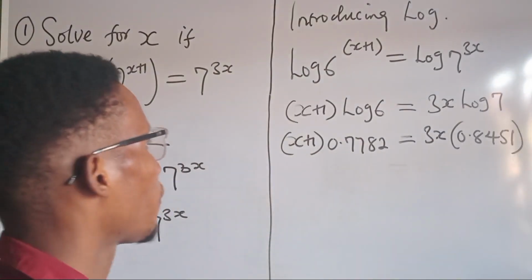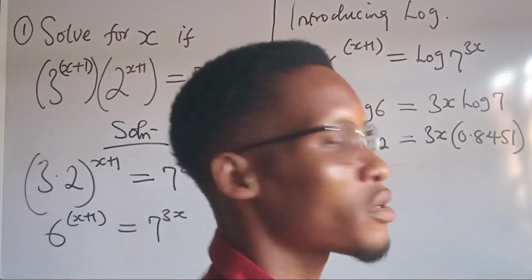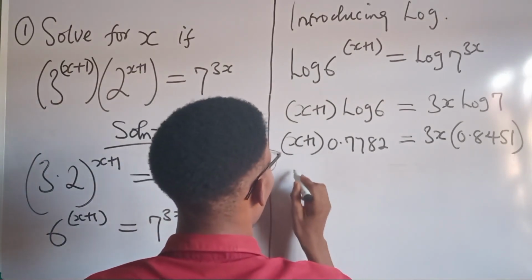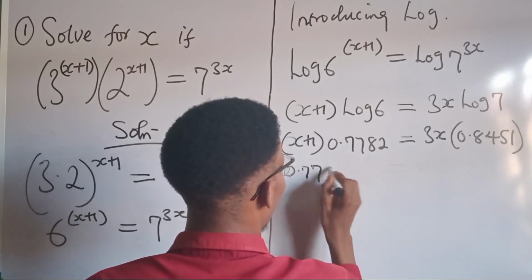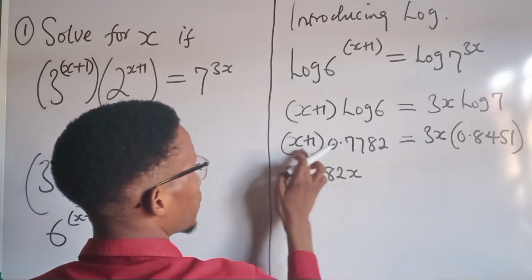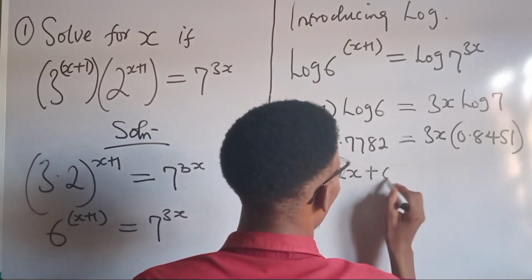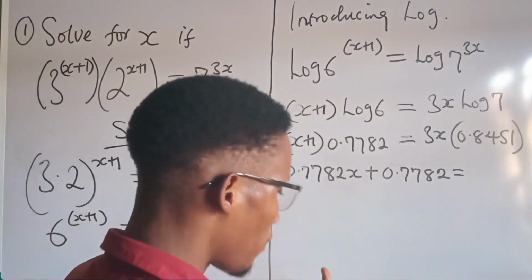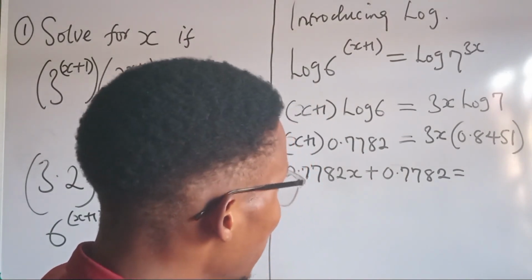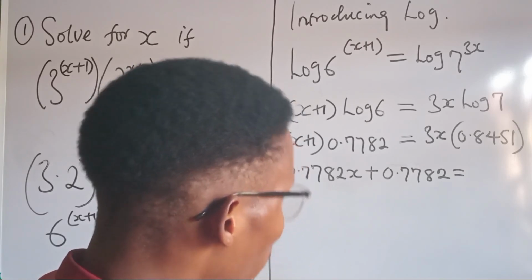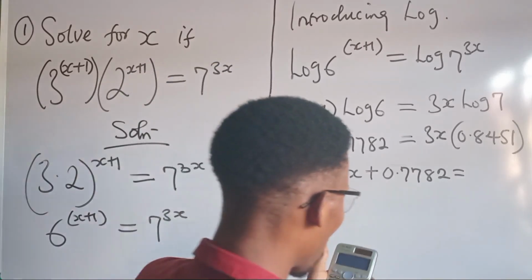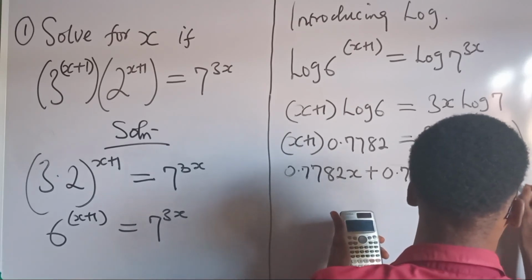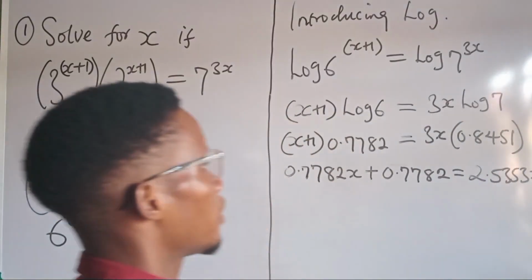In this case now I will have to clear the bracket by multiplying what is inside the bracket by what is outside, and if I do that, I'm going to have 0.7782x, then plus 0.7782 is equal to, if I multiply 0.8451 by 3x, I'm going to have 2.5353x.